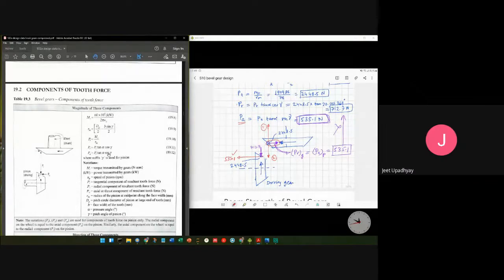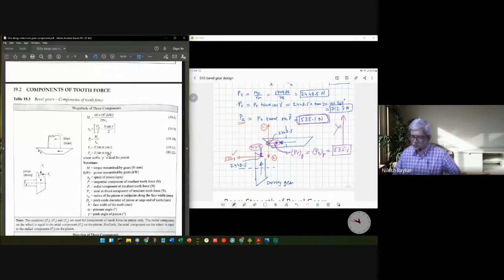Direction 1, because it has to be opposite to that of the other force on the other gear. Yes, direction 1 is the correct one. The direction should be opposite and the magnitude also should be the same, so it will be 712.7.